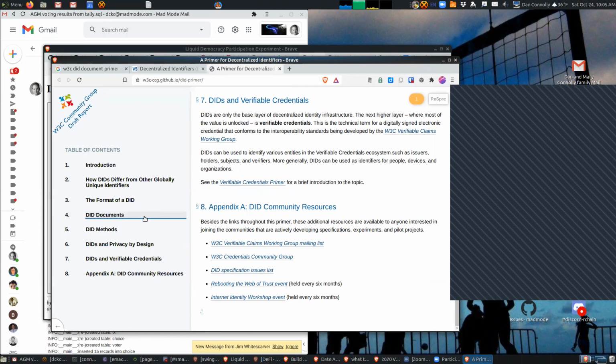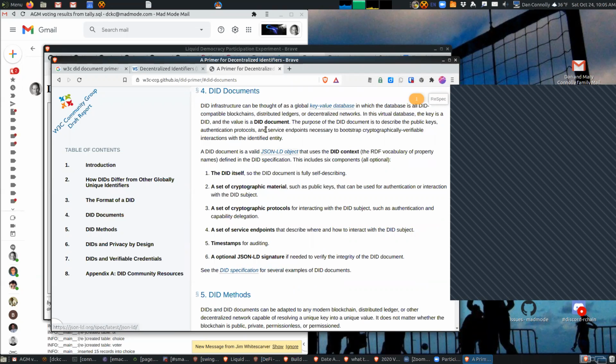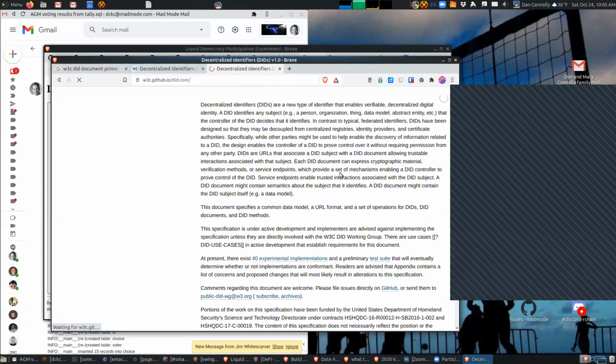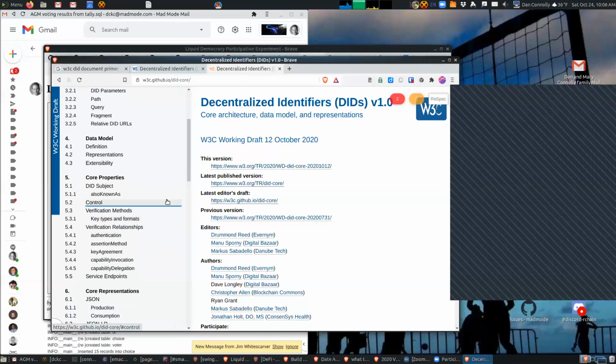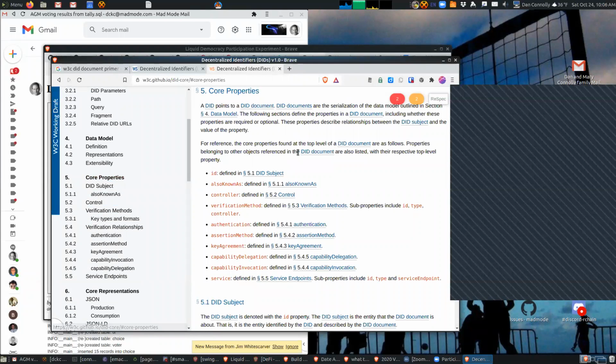Where is the format? Okay, DID documents. The DID context, the RDF vocabulary of property names defined in the DID specification. Okay, here we are, core properties.